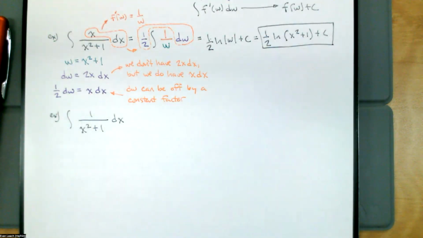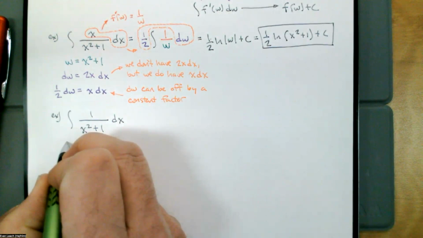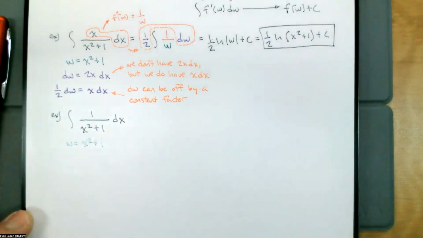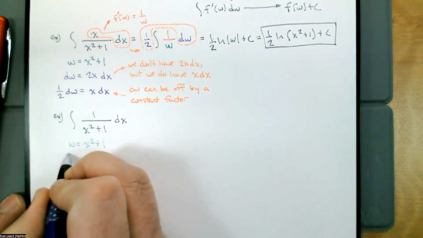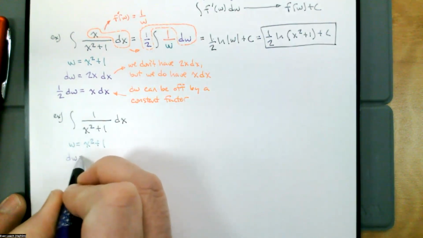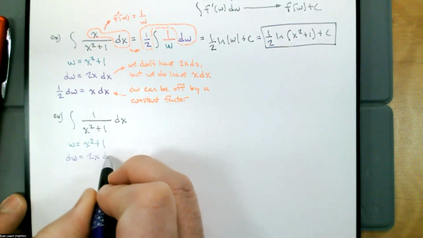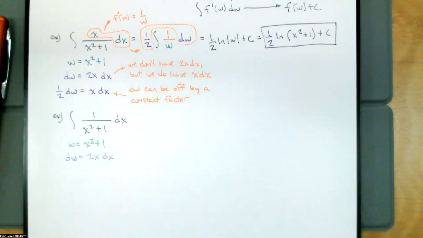We might look at this and think the same thing that we had before. w is x squared plus 1. And we immediately run into a problem. If we want w to be x squared plus 1, then I need a multiple of 2x dx to be the dw.